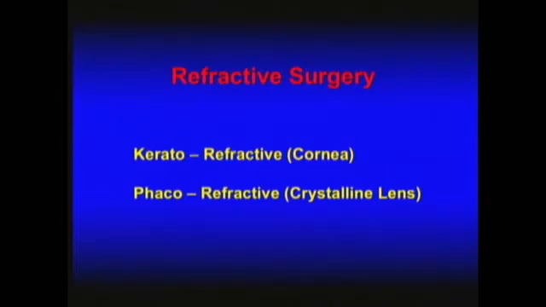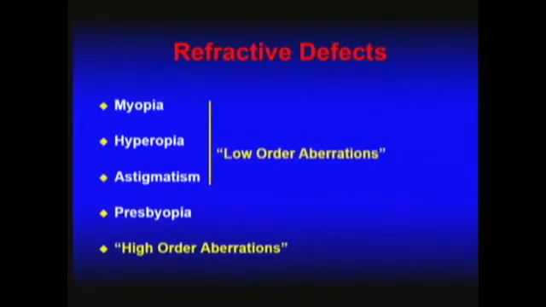Okay. Refractive surgery could be divided in keratorefractive surgery, when we act over the cornea, or phacorefractive surgery, when we do it on the crystalline lens. Also, we have to differentiate from now on the refractive errors with low-order aberrations, which are myopia, hyperopia, and astigmatism, and high-order aberrations that so far we didn't know.